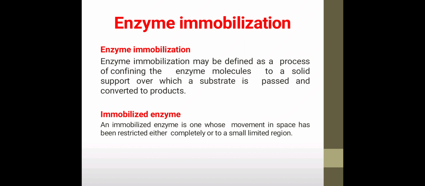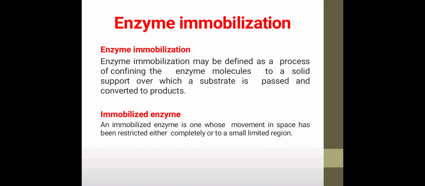And regarding this process, stability is found to be an important criterion, as well as the physical forces existing between the carrier molecules. So this is called the enzyme immobilization process. And the immobilized enzyme is the one whose movement in space has been restricted either completely or to a small limited region.